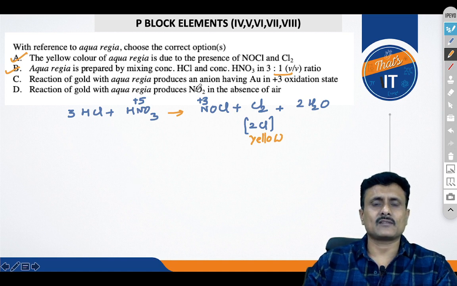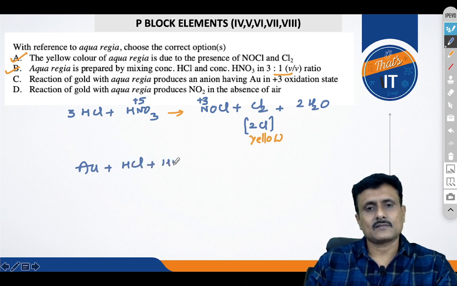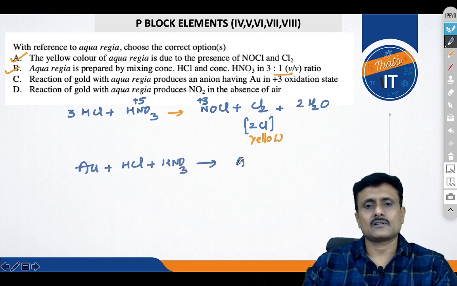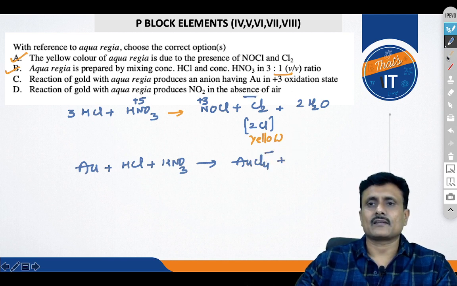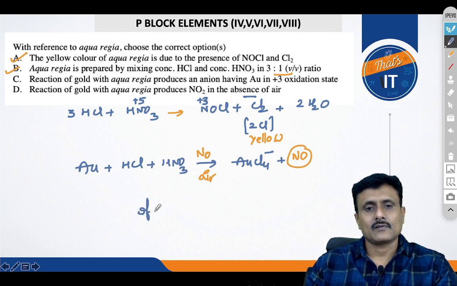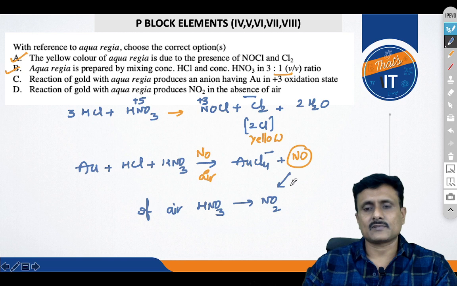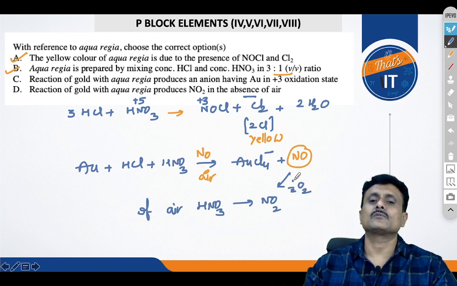The reaction of gold with aqua regia produces an anion with +3 oxidation state, isn't it? So you know that Au plus HCl plus HNO3 gives rise to what? AuCl4 minus. Here, in the absence of air, the product obtained is NO. Please understand here, if there is air, HNO3 changes into NO2 because this gets oxidized in presence of air to give you NO2.